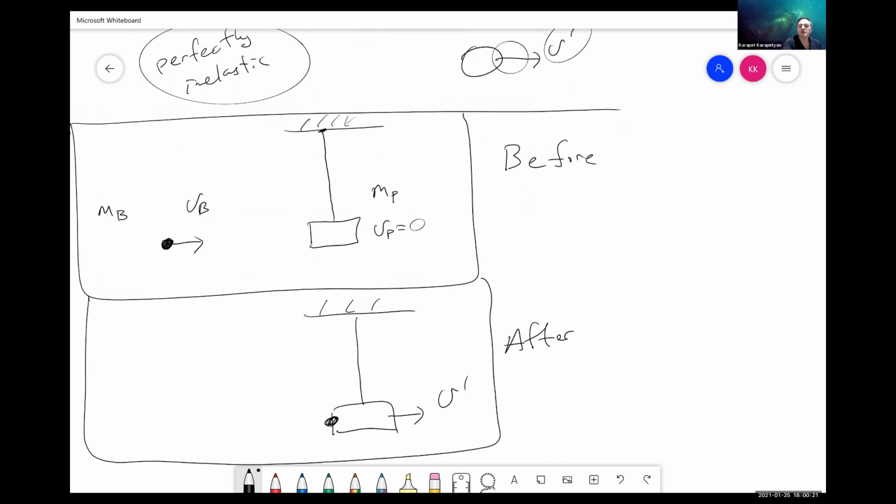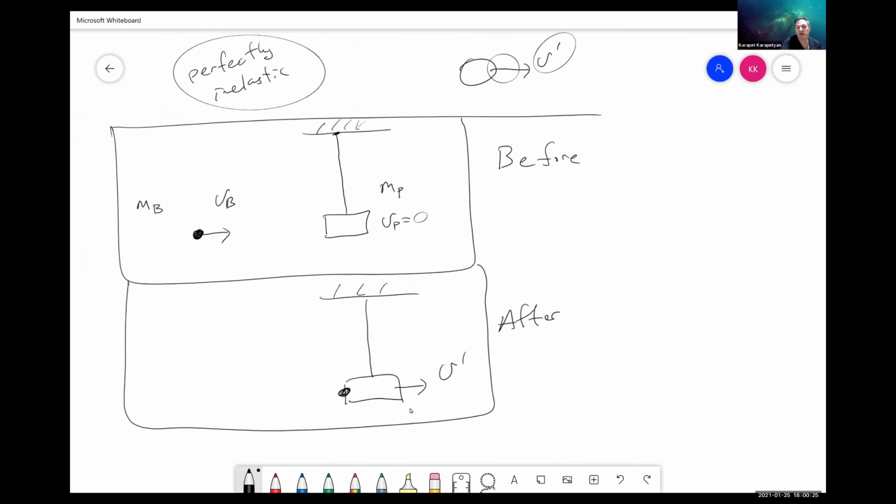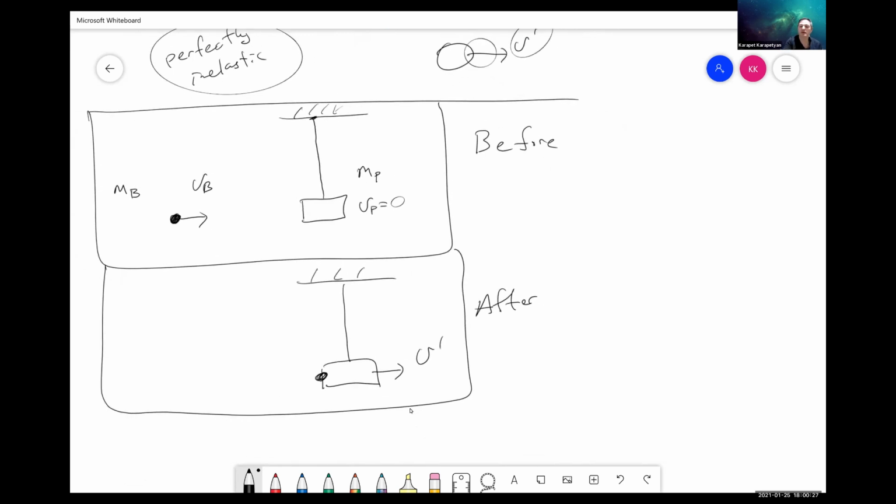So if I'm writing down the equation of my system, of the experiment, I have m1 v1 plus m2 v2 equals m1 plus m2 v prime. That's basically the general equation.